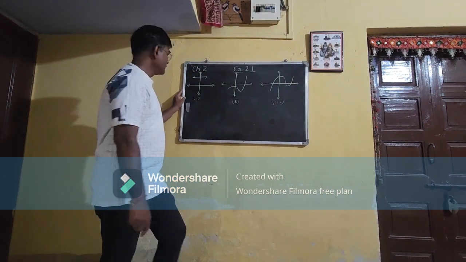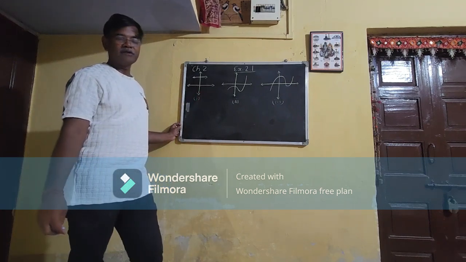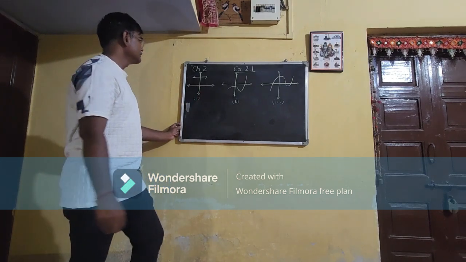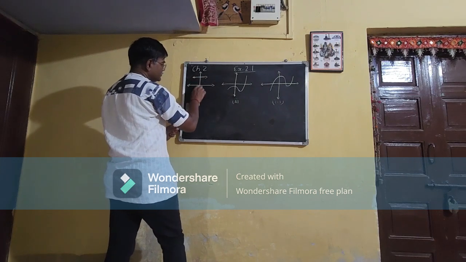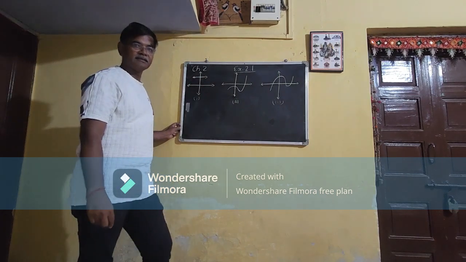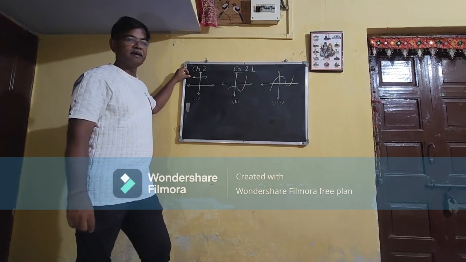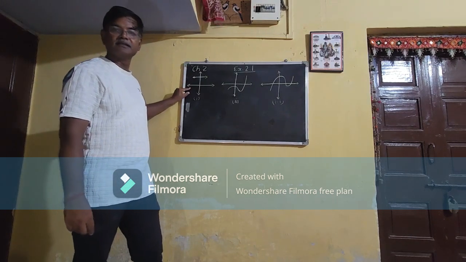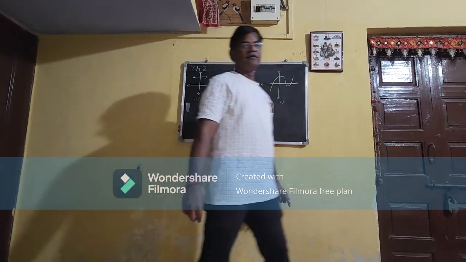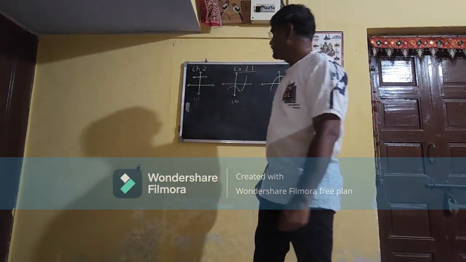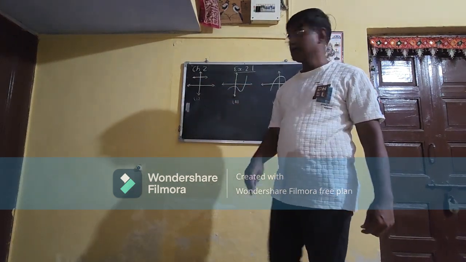In the first graph that we gave in the book, we find that these two are parallel lines. Our line is parallel to the x-axis. It will not meet or intersect the x-axis.